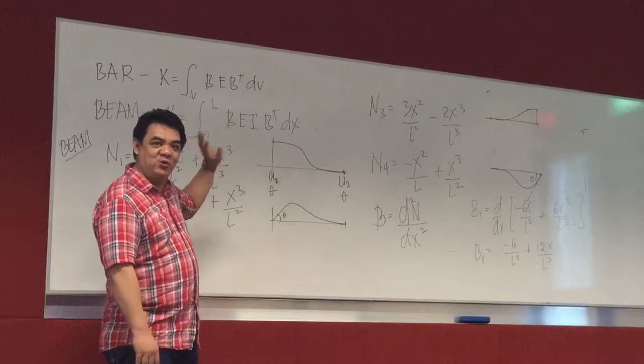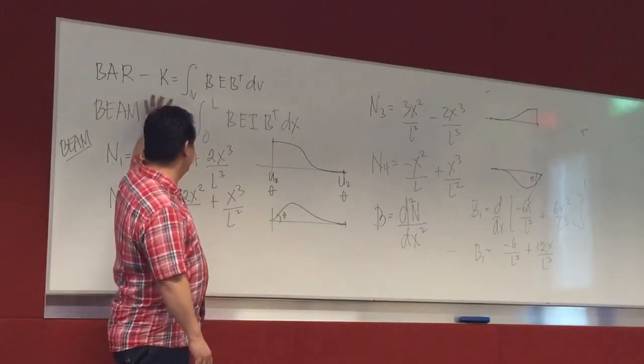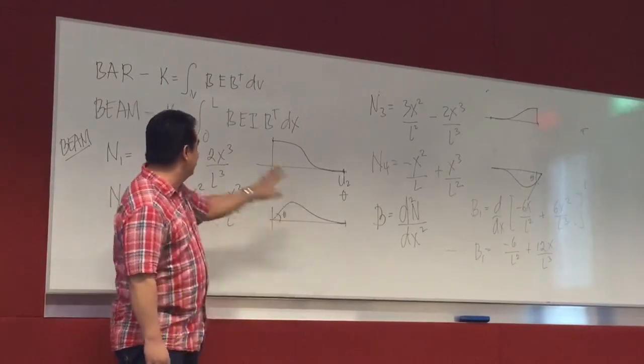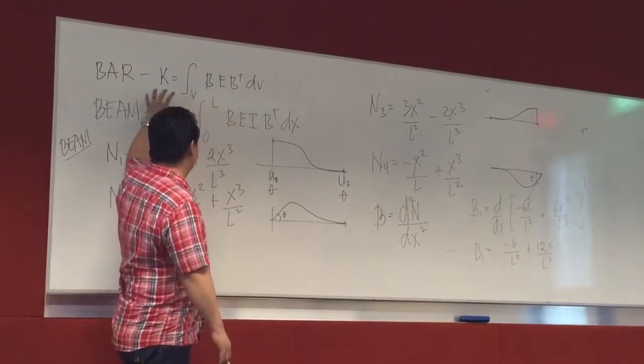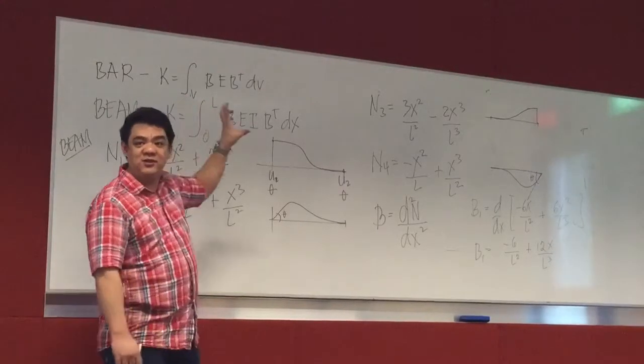I'm not talking about weak form or strong form here. I'm just talking about taking the derivative, substituting it here, and solving for that stiffness matrix.